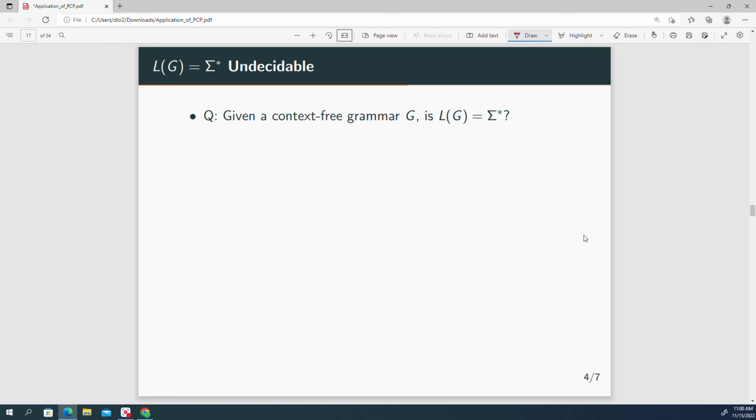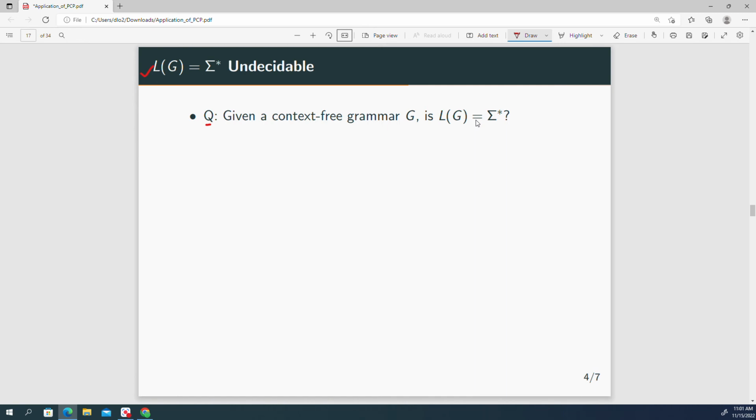So now we're going to study the problem LG. Given the context-free grammar G, we want to ask if LG is equal to sigma star. This is the problem Q, and it is undecidable.